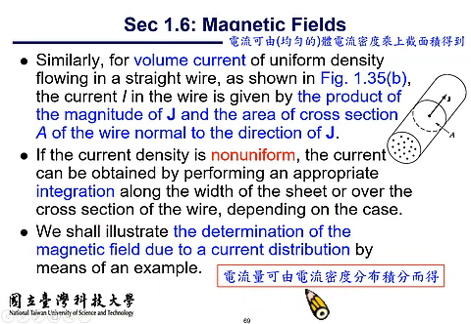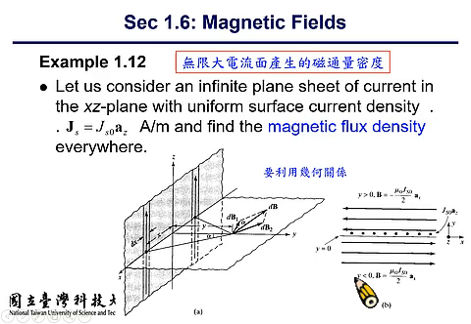So the total current can be found by taking the integration of the current density.